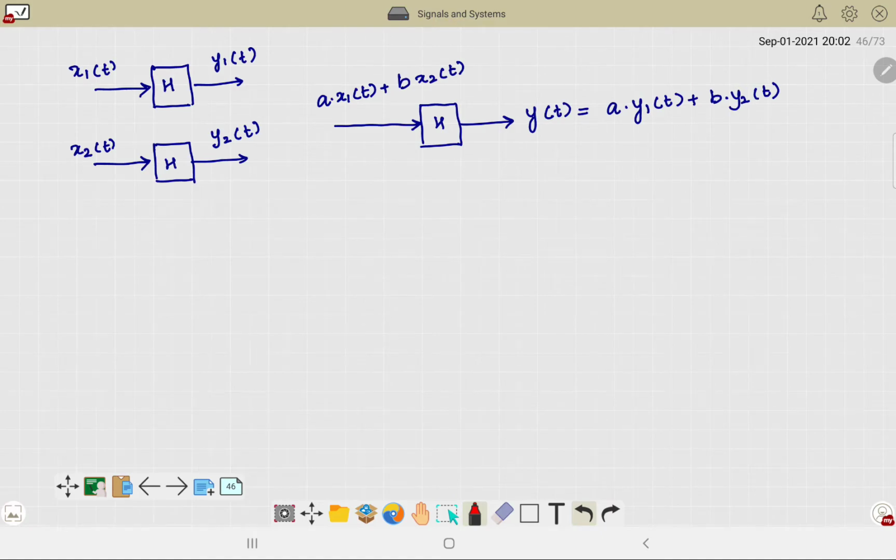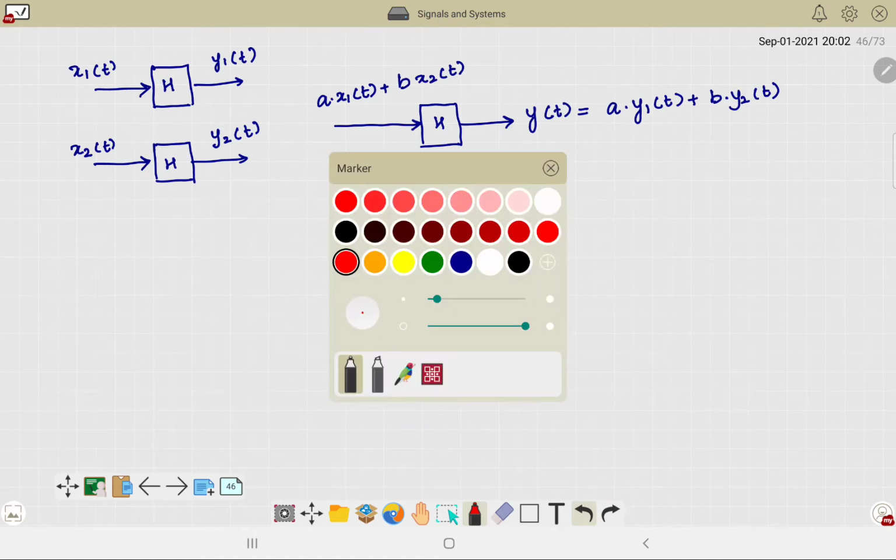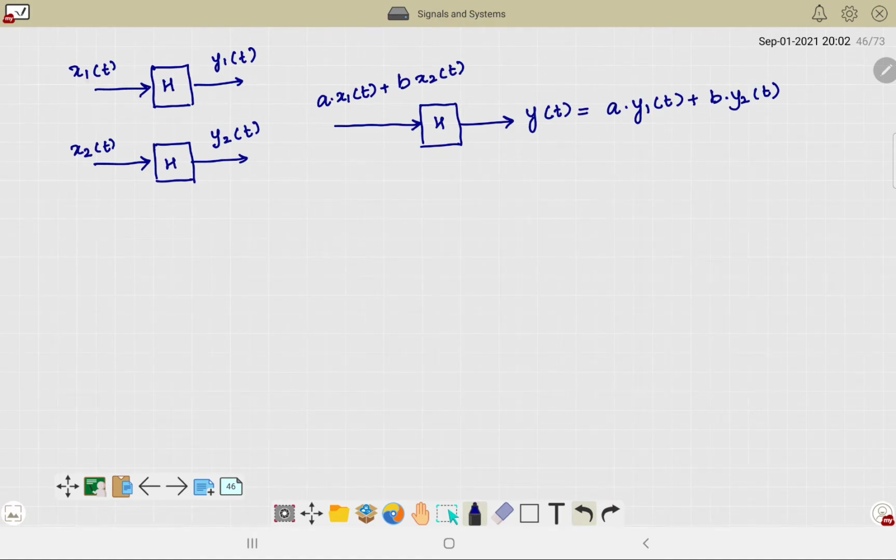If you see, y1(t) is associated with x1(t) and y2(t) is associated with x2(t). So if your system has this kind of behavior, we say that it follows the property of linearity and it is a linear system. Fine. So this is just to explain, where I have taken only two inputs, x1(t) and x2(t), which are weighted using the weights a and b.